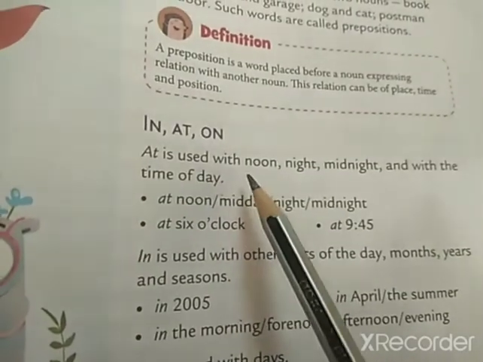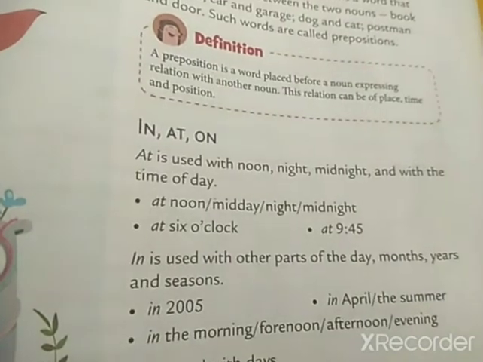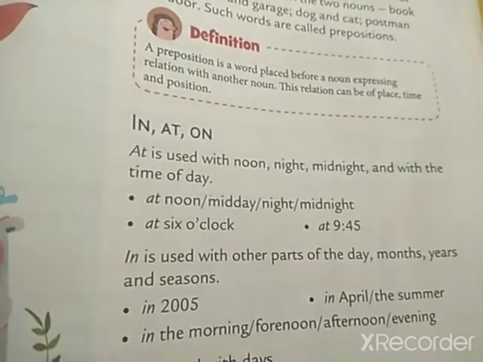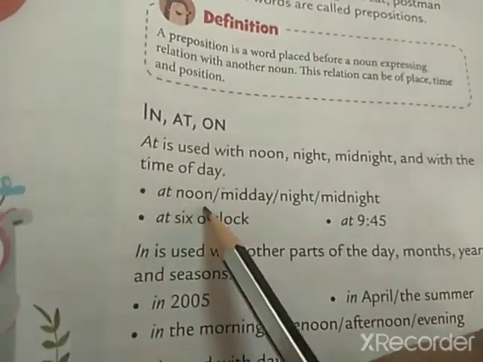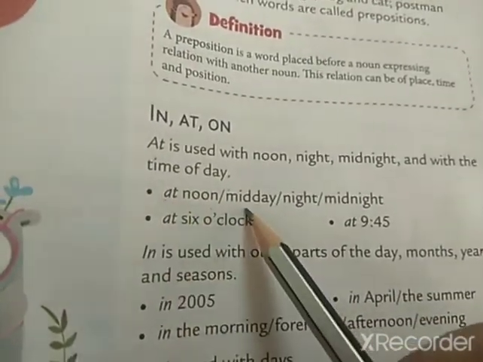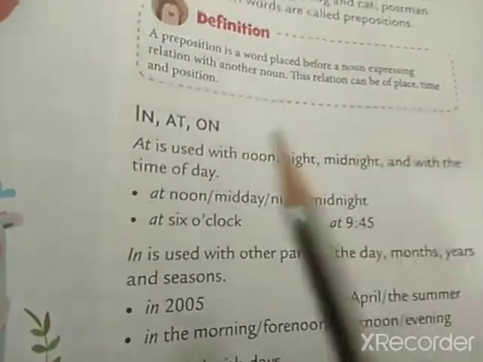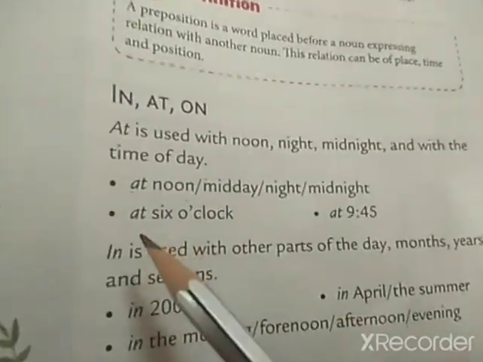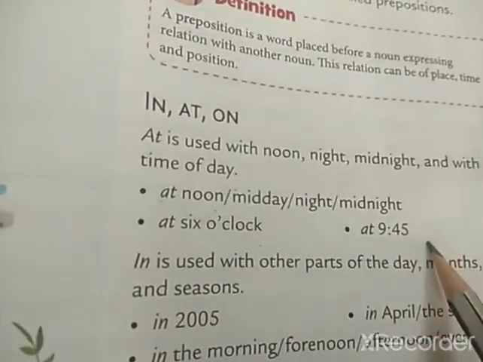Now the words noon, night, midnight, when we are writing such kind of words, we use the preposition at with that. Examples are given: at noon, at midday, at night, at midnight. Even we can use at with the time of the day, that is at 6 o'clock, at 9:45.